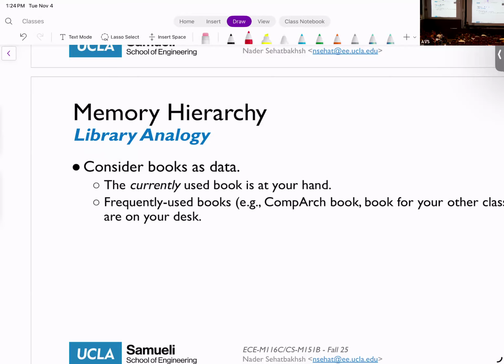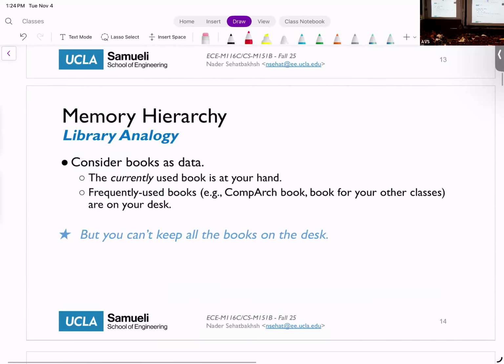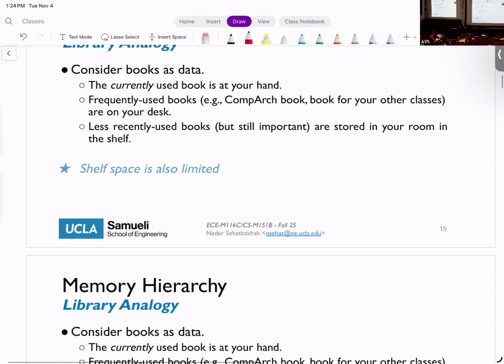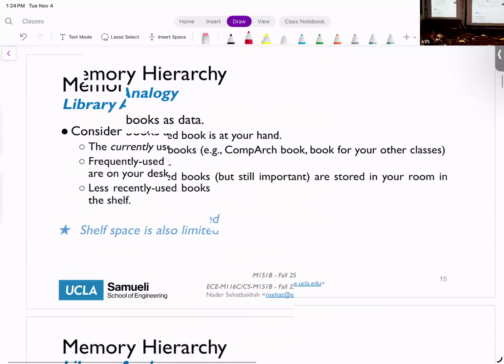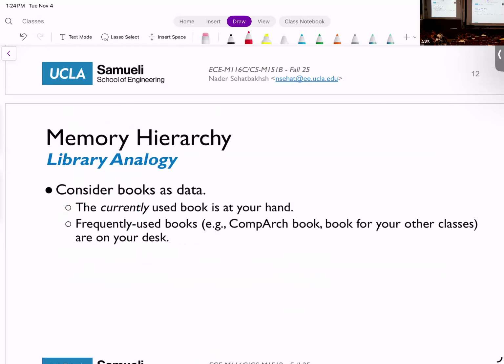Right? And then if you need it, you have to drive or walk to the library, get it, and come back, which takes a lot of time. Okay? The exact same idea happens in memory hierarchy. Okay? And then of course, you might wonder, okay, if I want to minimize this, why don't I put all the books on my desk? And the answer to that is you have limited space, right?